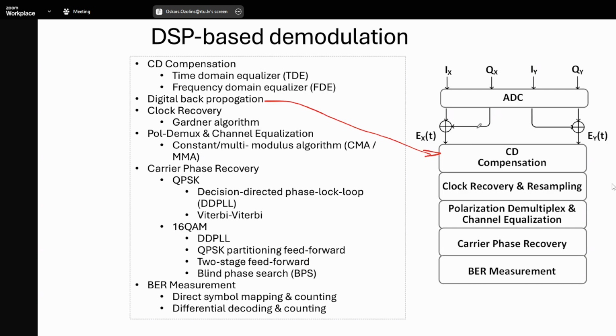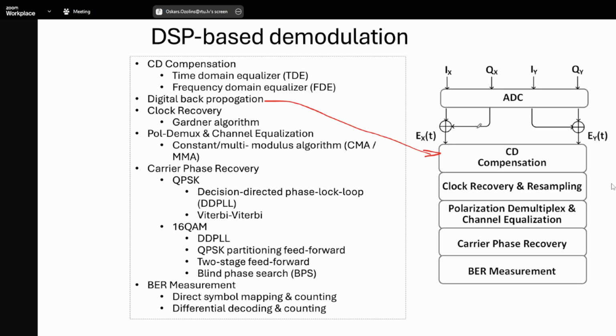I'm not sure if I have a specific slide on digital backpropagation, but I would like to mention it. In simulation software like VPI Photonics, we have a transmitter, a receiver, and a fiber in between.